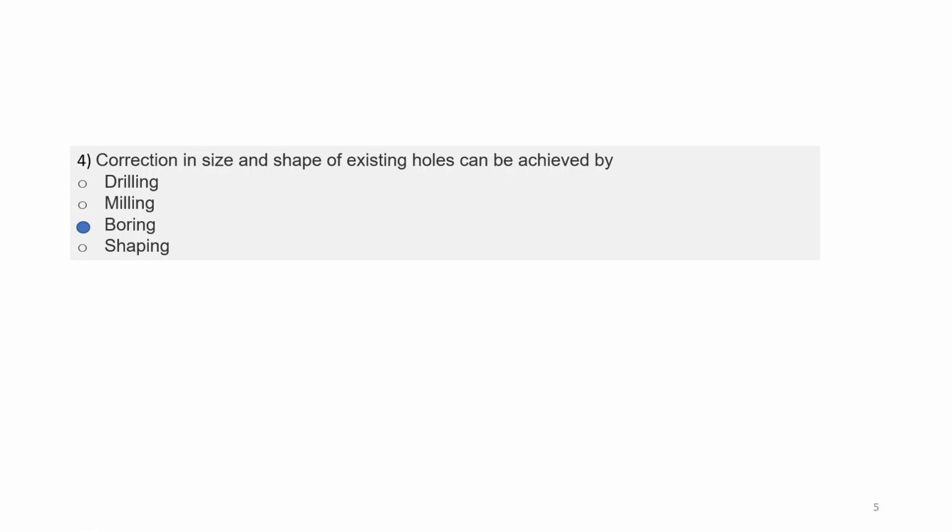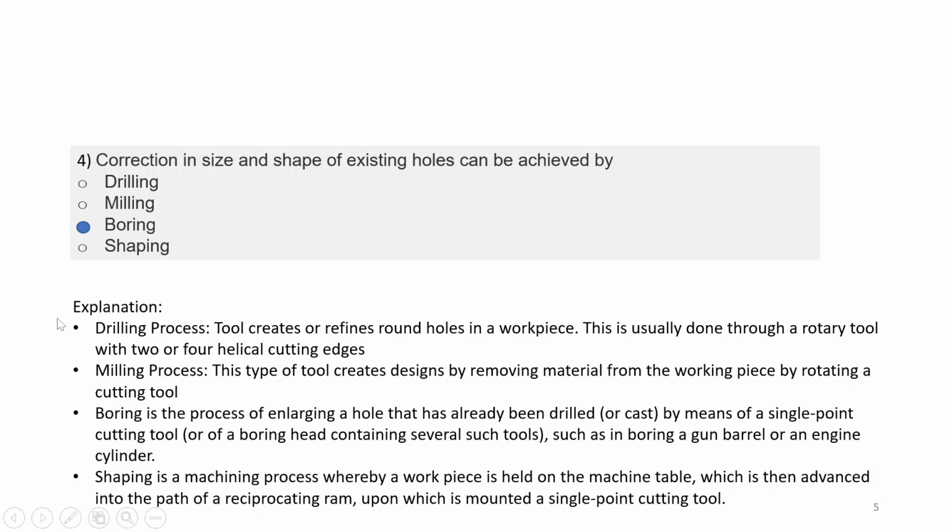In case of drilling, you make a new hole using the drill bit. In case of boring, you'll be widening the existing holes, which can be made using either casting or drilling. So these are the definitions of various processes which might be useful in your assignment questions.